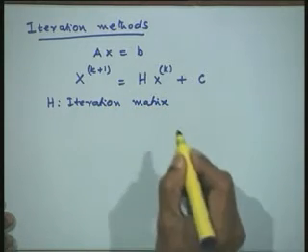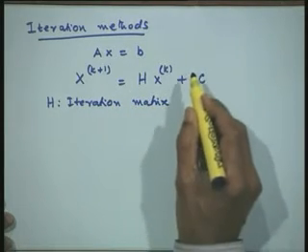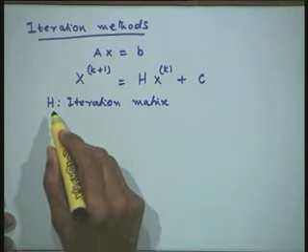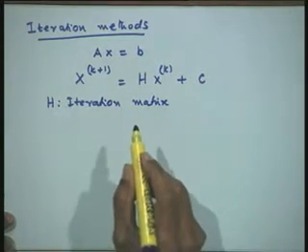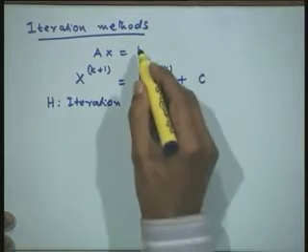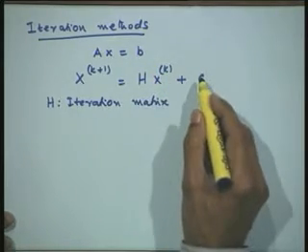The reason is that the convergence or divergence of the iteration method depends on the properties of this matrix, and hence it is called the iteration matrix. We have also given C as the one in which the contribution of b is included.